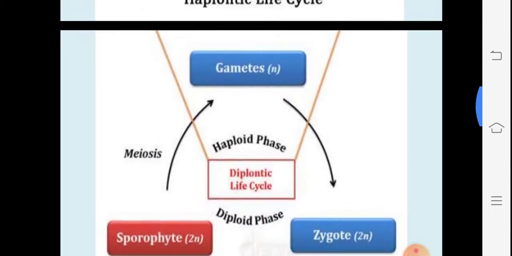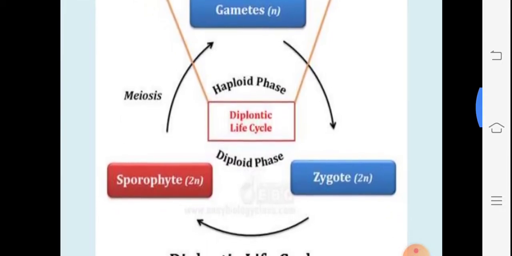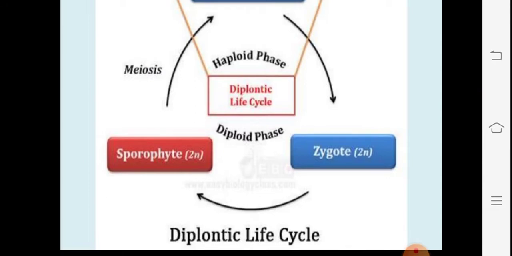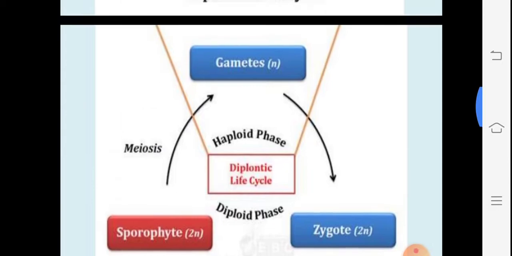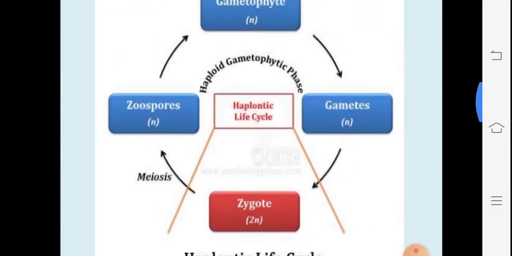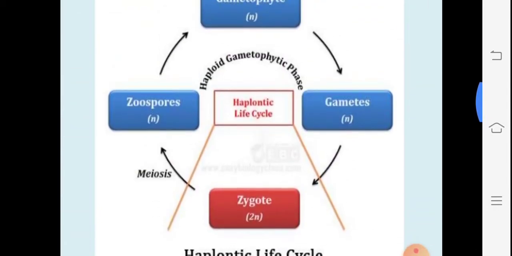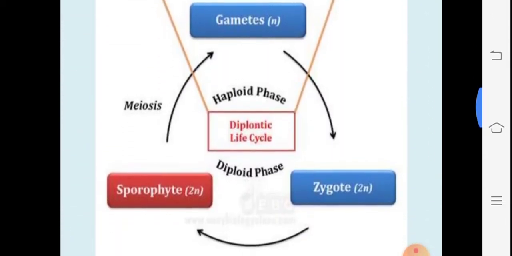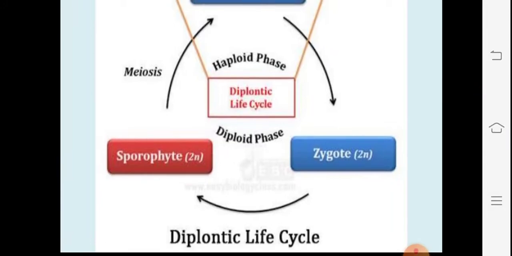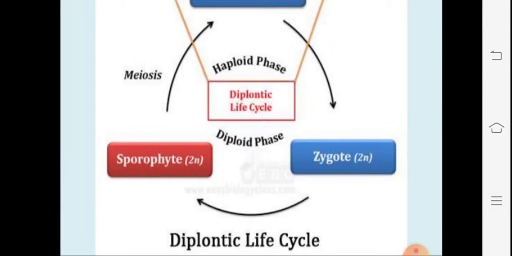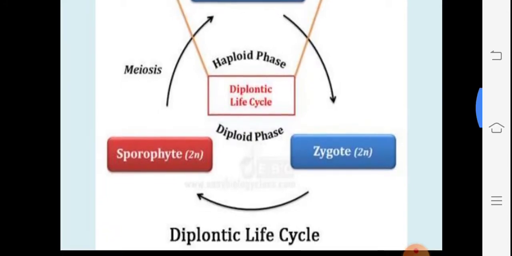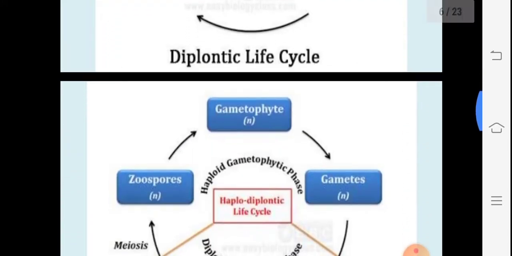These gametes are found in the plant itself, and therefore it is called diplontic, with diploid and haploid phases. In the first one, only the haploid gametophytic phase is characteristic of the haplontic life cycle, and here there are two diploid stages, that is the zygote and the sporophytic stage. These are the diploid stages.